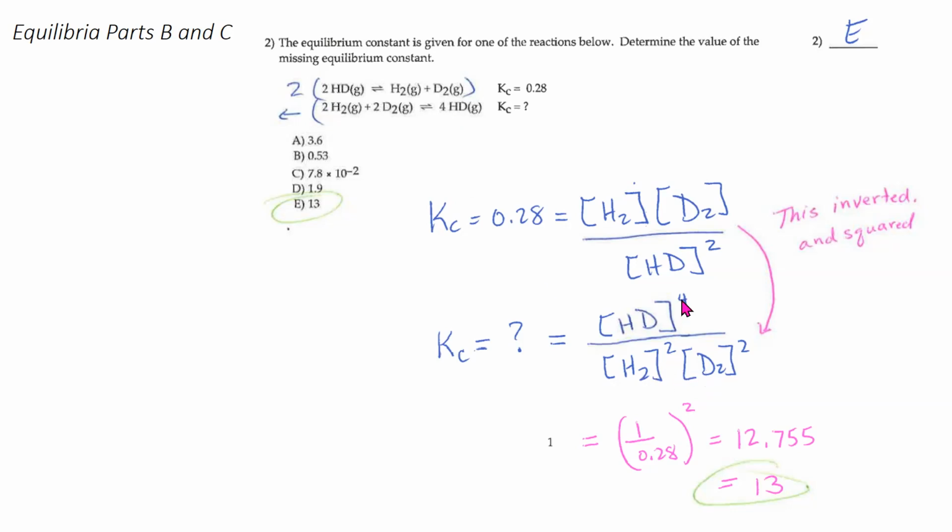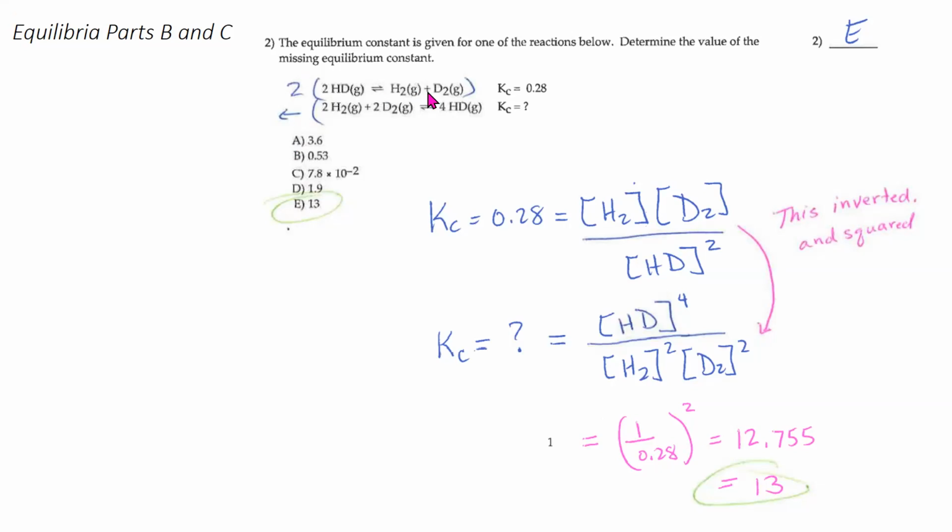So see how we have this raised to the 4th, this raised to 2. So we have to take that 2 and make it an exponent as well. So if we take the original K value, invert it, and square it, we will get 12.755 in the calculator. And if we put it to the correct number of sig figs, that'll be 13. So this is how we're getting E for part 2.